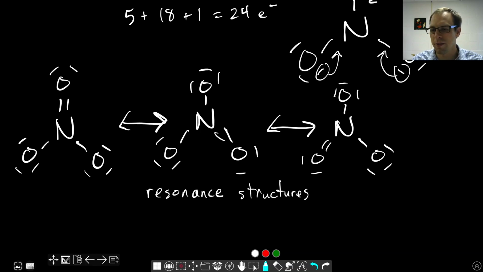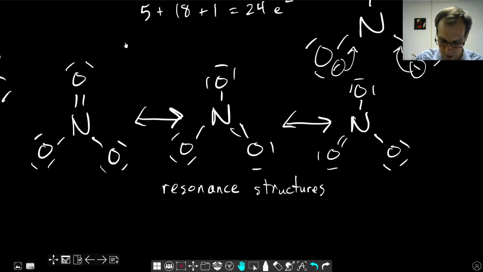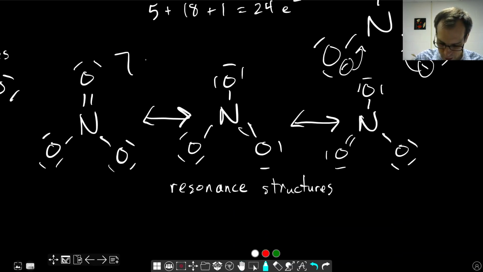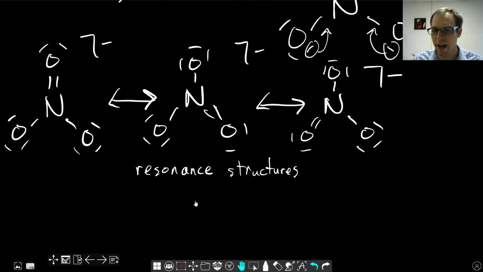And so instead of this ion, which I forgot all these have negative charges on them, so we should indicate that, this ion does not have one bond that's a different length than the other 2, but each of the bonds is sort of in between a single and a double bond, just like with ozone.